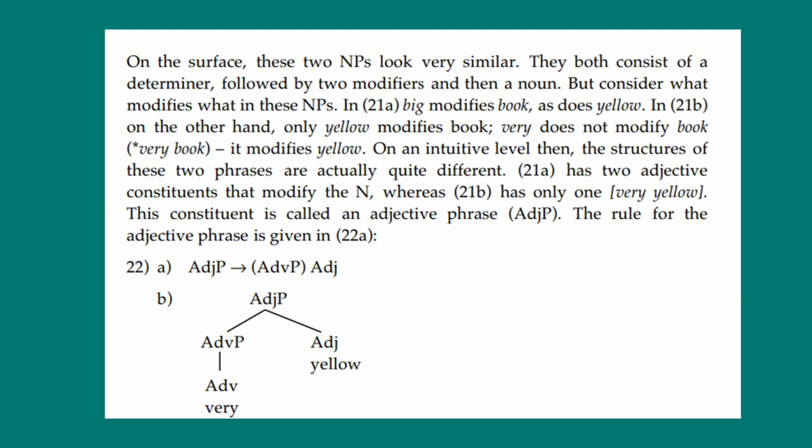On an intuitive level then, the structures of these two phrases are actually quite different. 21A has two adjective constituents that modify the N, whereas 21B has only one, very yellow. This constituent is called an adjective phrase, so the rule for the adjective phrase is given in 22A. So this is the figure. A, AdjP to (AdjP) AdjP, and then below adjective phrase, adjective, so very yellow.